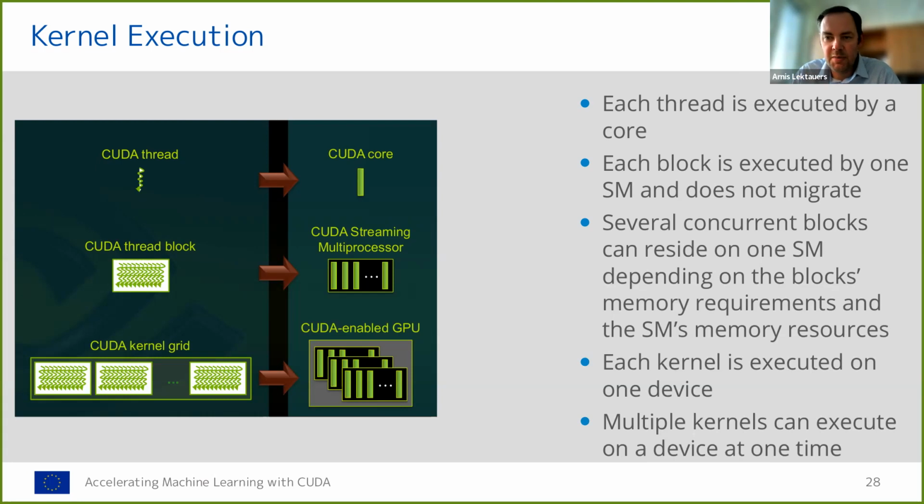Only one streaming multiprocessor will execute one block. However, one multiprocessor can process several concurrent blocks. That is a normal situation, but one block cannot be split between several multiprocessors. And each kernel is executed on one device.